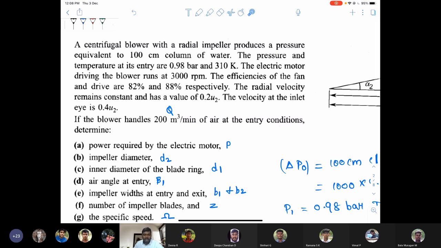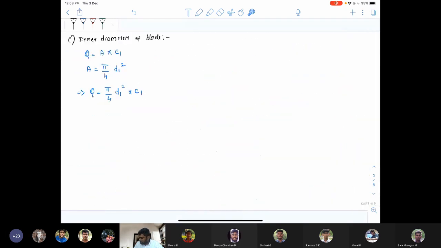You know the value of U2, so by substituting it you can find the value of C1. Therefore C1 is equal to 0.4 into 104.28, and on calculation you can find the value of C1 is equal to 41.71 meter per second.